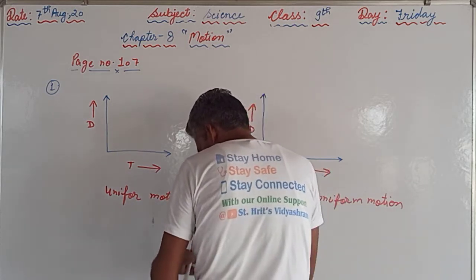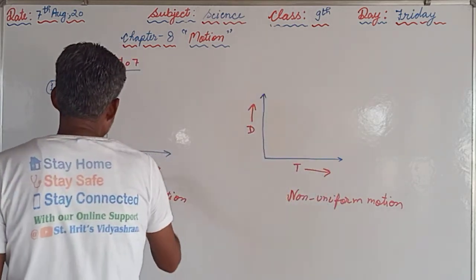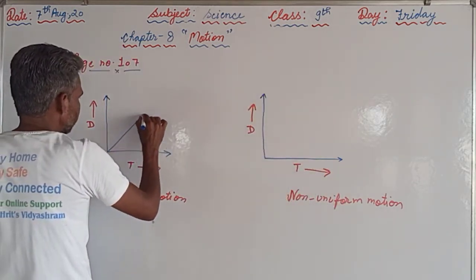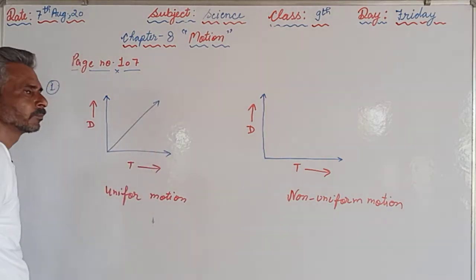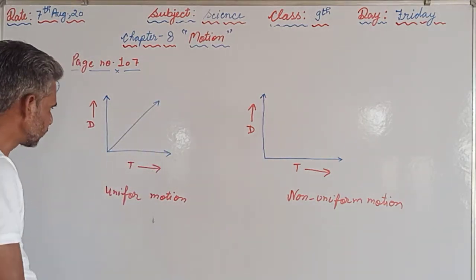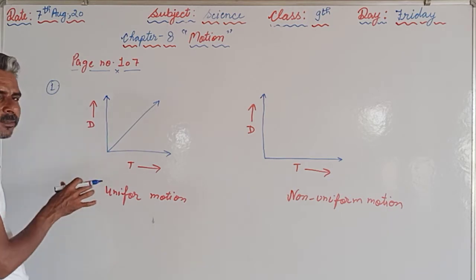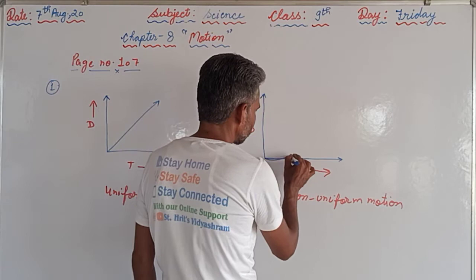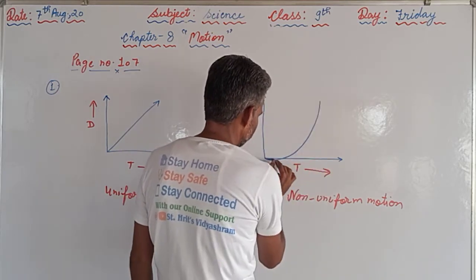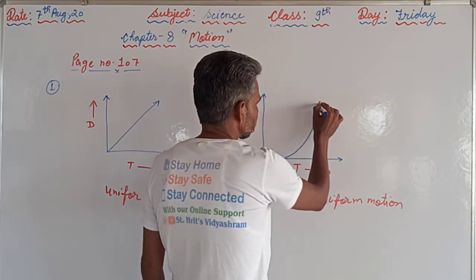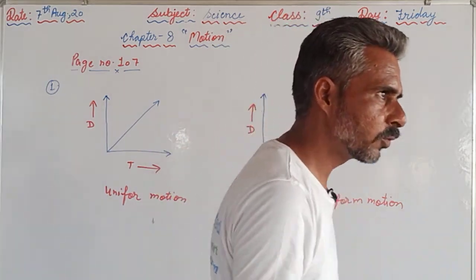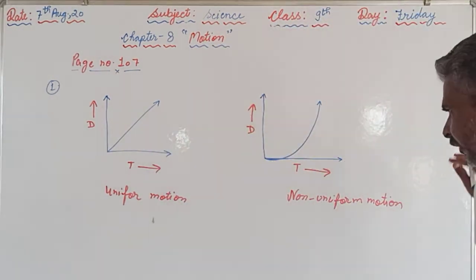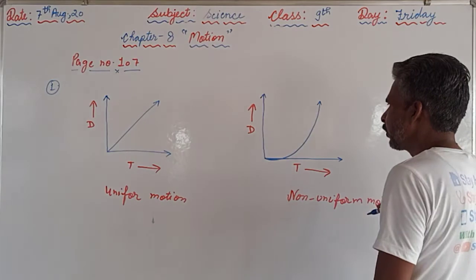For uniform motion, I told you that in the distance time graph we will have a straight line. If a straight line is there, then we can say that the object is under uniform motion, and if a curve is there, then it will be non-uniform motion.